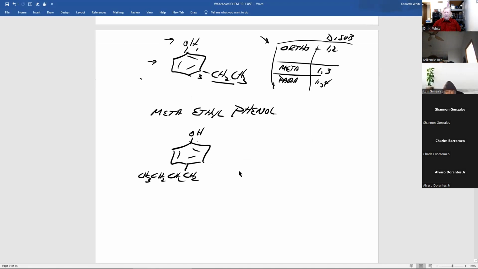And here's one for you to try. Give the IUPAC name for this compound. Your turn.